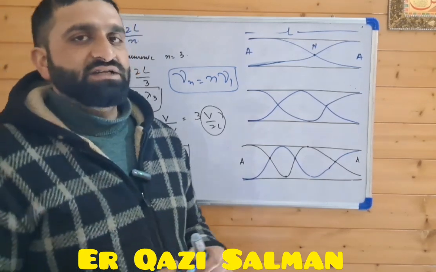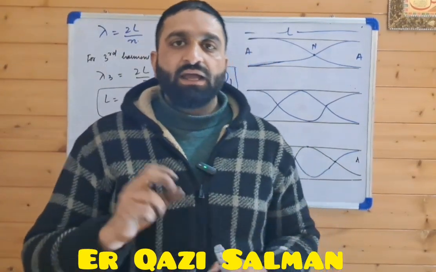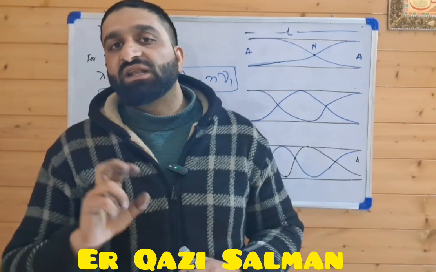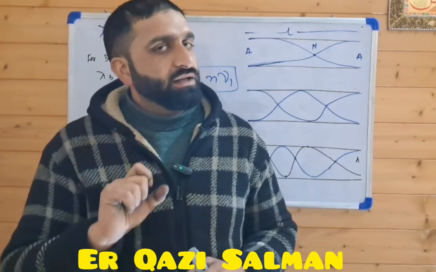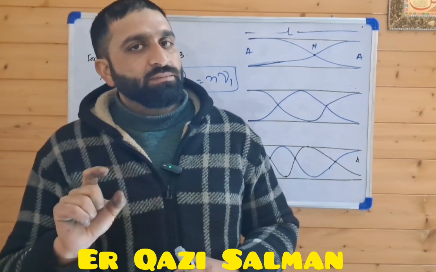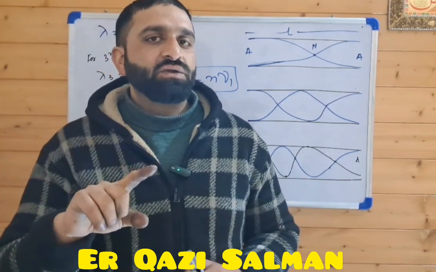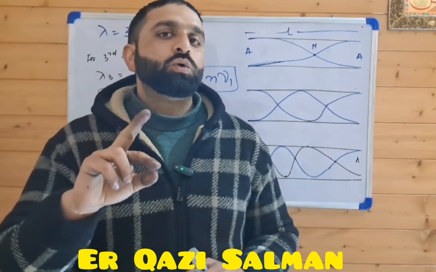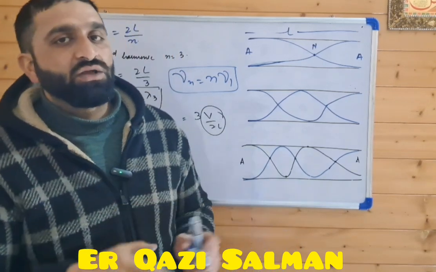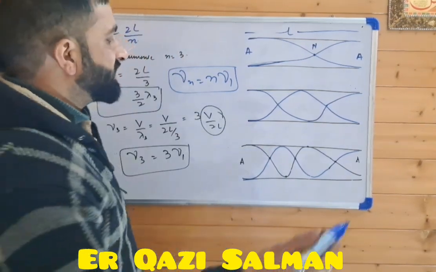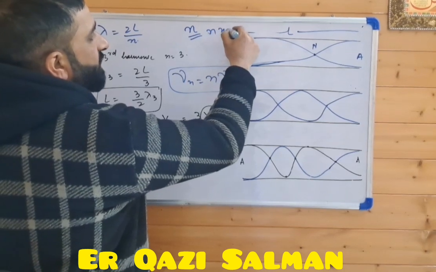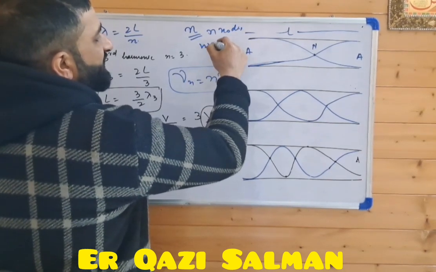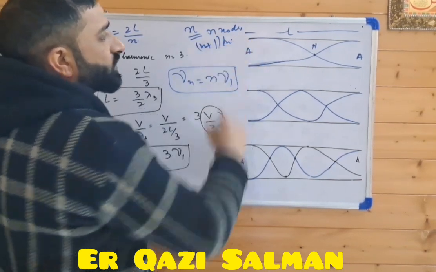From that discussion, it is also clear that in closed organ pipes, the number of nodes is equal to the number of antinodes. In the fundamental mode of the closed organ pipe, we are having one node and one antinode. In the second harmonic, we are having two nodes and two antinodes. But here in open organ pipes, for the nth harmonic, we are having n number of nodes and n plus 1 number of antinodes.